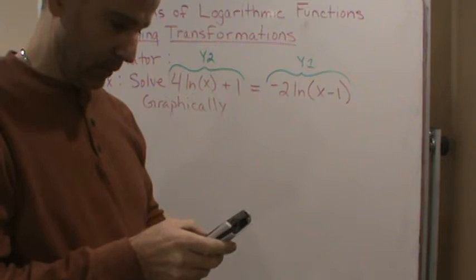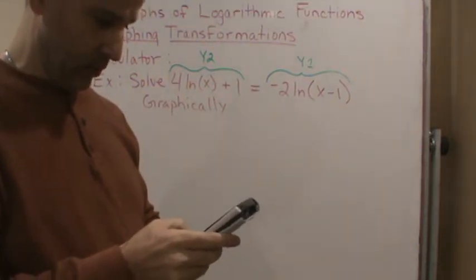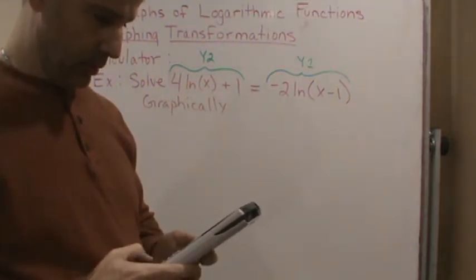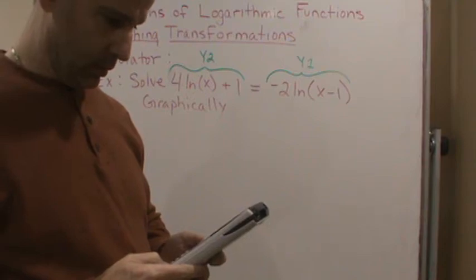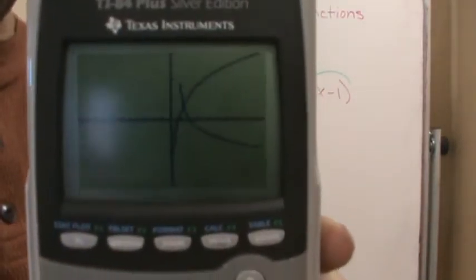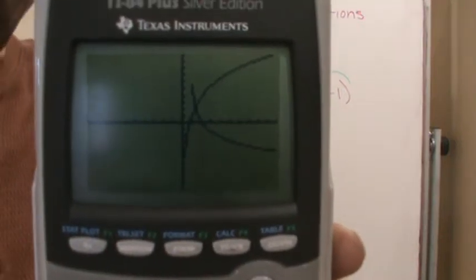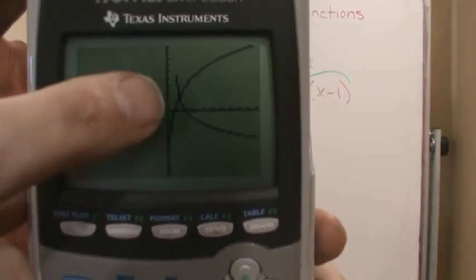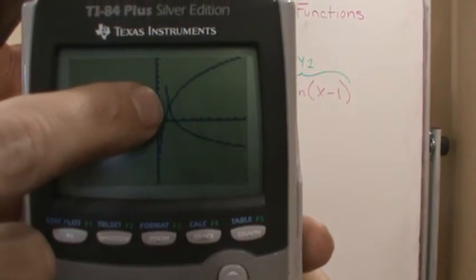Sometimes you have to wait, so I'm going to go to Zoom Standard. Ah, there we go. On my window, I just went to Zoom, the standard window, which is the 10 by 10 window, and you can see that the two graphs cross right there.